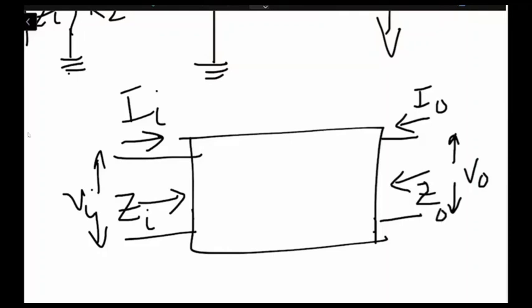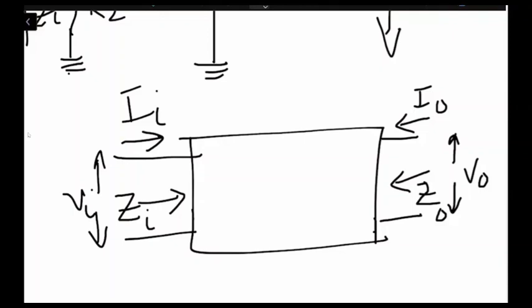So it is a two-input-port and two-output-port system, in which the current flowing into the system from the input side is Ii, the voltage applied between the two input ports is Vi, and looking into the system the input impedance is Zi.